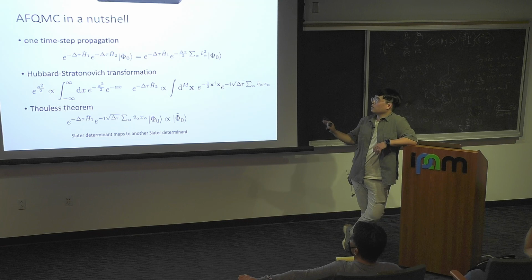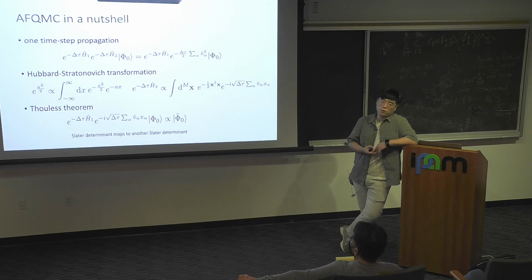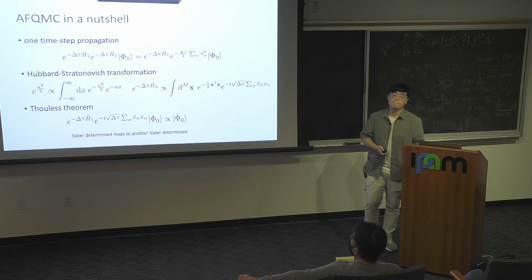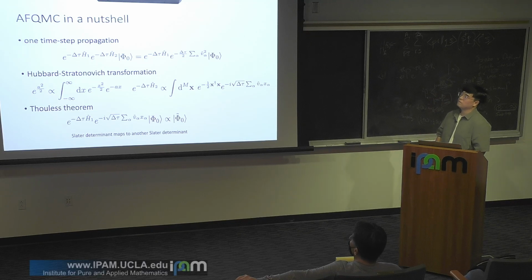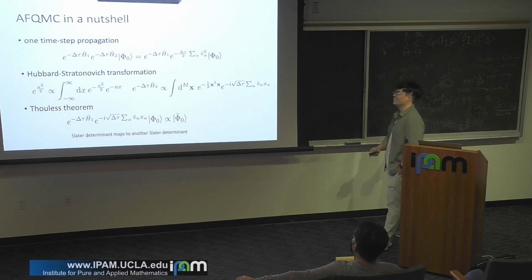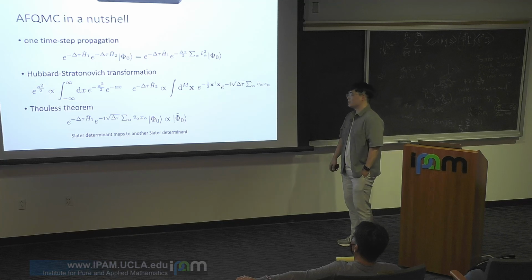The theory works regardless of whether it's repulsive or attractive. Attractive ones are actually even easier for us because it's going to be sign-free. Oh yeah, the quantum chemistry Hamiltonian is repulsive. So yeah, it's not sign-free, unfortunately. We're going to get to that point soon.